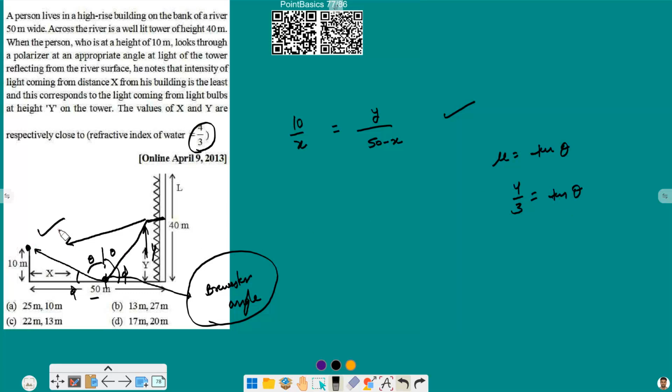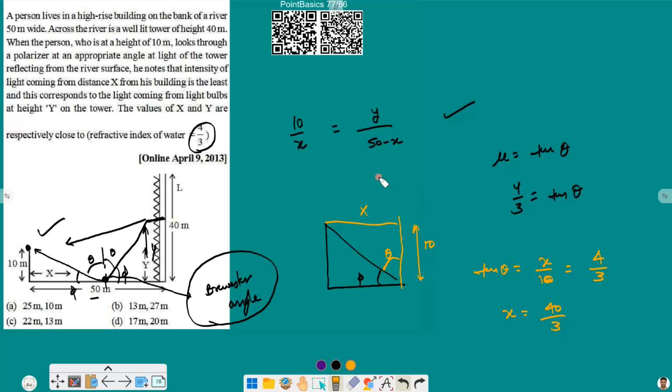From the triangle, if you draw it, it will look something like this. This is the lower triangle with angle phi, and if we draw an upper triangle like this, then this angle will be theta. Here this will be x and this will be 10. So from this we can write tangent of theta is equal to x by 10. So x by 10 will be equal to 4 by 3, and from this x is 40 by 3.